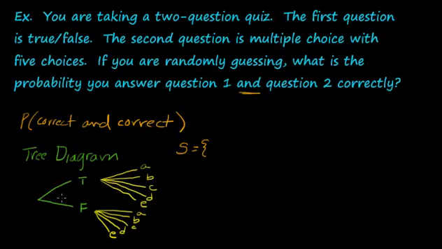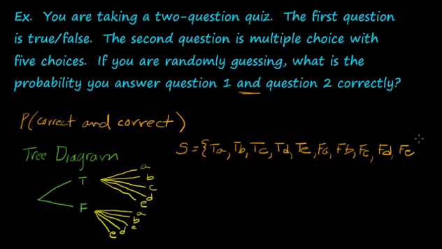So one choice we could make would be true A, or we could pick true B, or true C, or true D, or true E. Or if we went down the false branch, false A, false B, false C, false D, or false E. And that's it. That's our entire sample space. So we can either count the number of termination points we have here in our branches, or count here, and we'll see that we have 1, 2, 3, 4, 5, 6, 7, 8, 9, 10 possible outcomes.